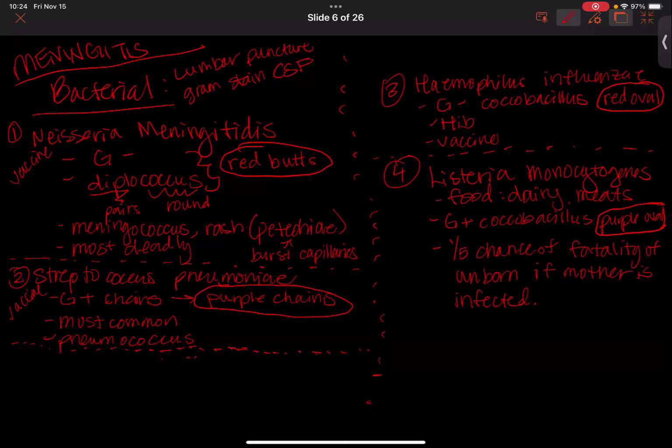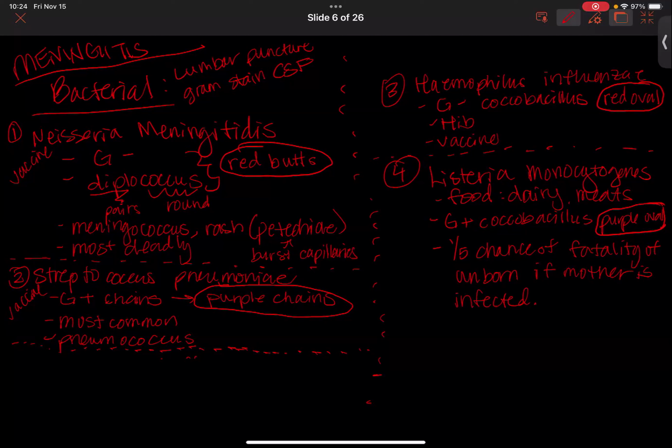This likelihood of fatality increases if the mother is exhibiting any symptoms. And fatality is about 70%, I believe, if there is actual presentation of the disease symptoms in the fetus, or in the baby after it's born, something like that, but it's pretty high. So this is a very, very serious thing for pregnant women. So we don't want to take any chances here. So 1 in 5 is the same thing as 20%.